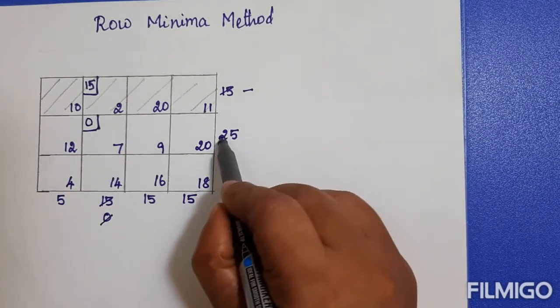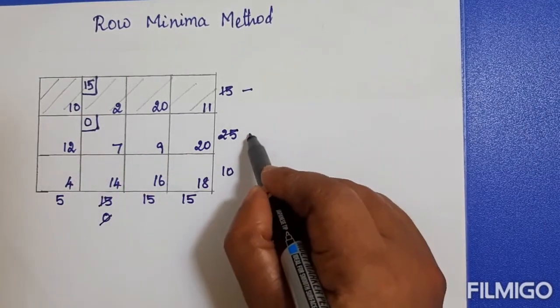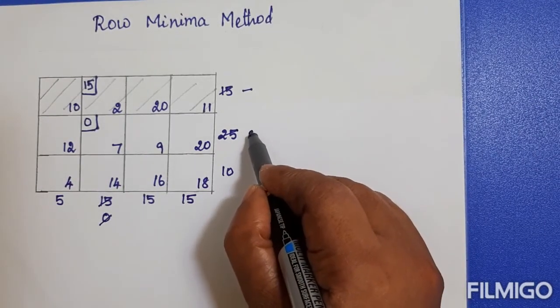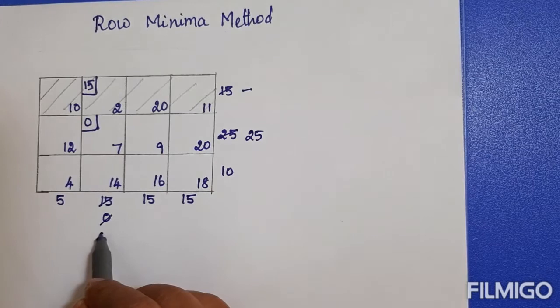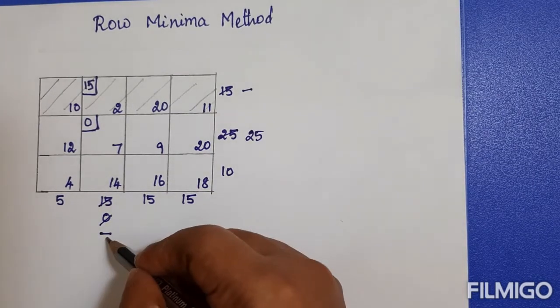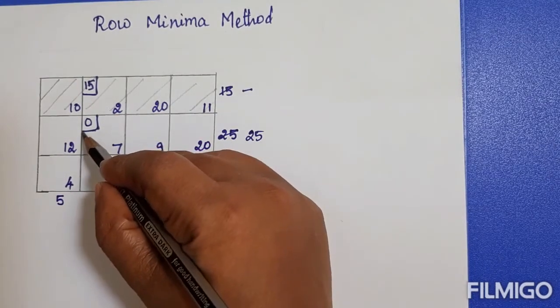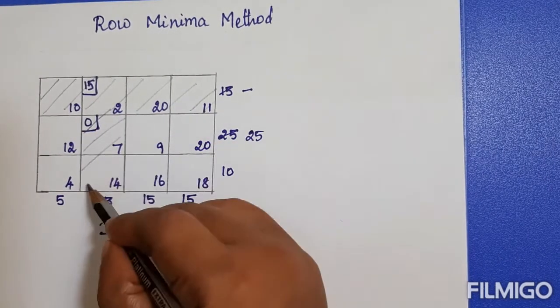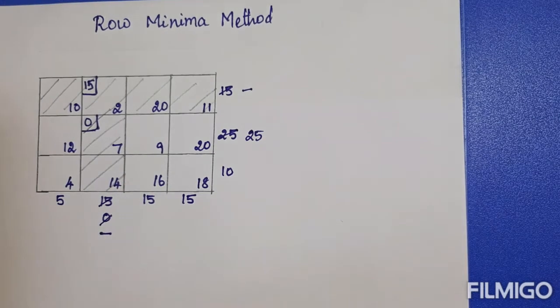Cross out this and cross out this. 25 minus 0 is 25. This becomes exhausted. As this column is exhausted, I crossed out this column.